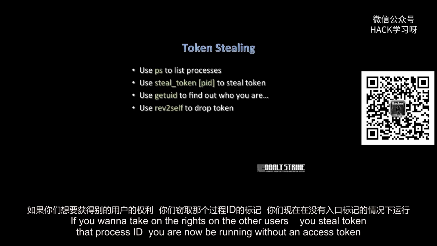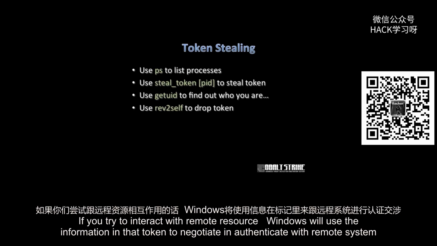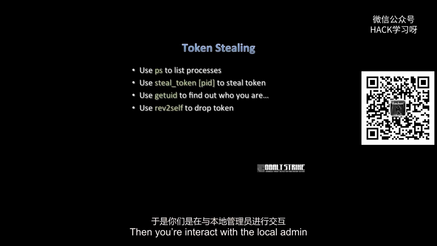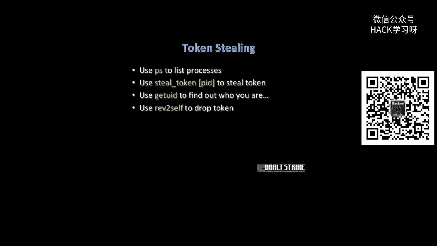And you will now be running with that access token. And if you try to interact with a remote resource, Windows will use the information in that token to negotiate and authenticate with the remote system. And if that token happens to have information that is seen as a local administrator on that other system, then you're in effect a local admin and you can do things.